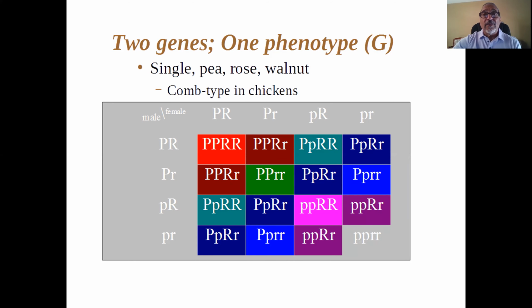Well, I color-coded this the same Punnett square as in the previous slide to show you that what you end up with is a 1 to 2 to 1 to 2 to 4 to 2 to 1 to 2 to 1 ratio. So you can see, you're beginning to see 1 to 2 to 1, 2 to 4 to 2, 1 to 2 to 1.